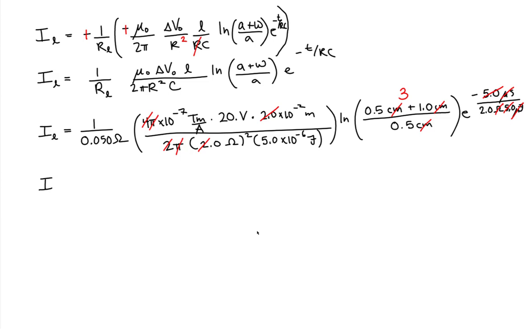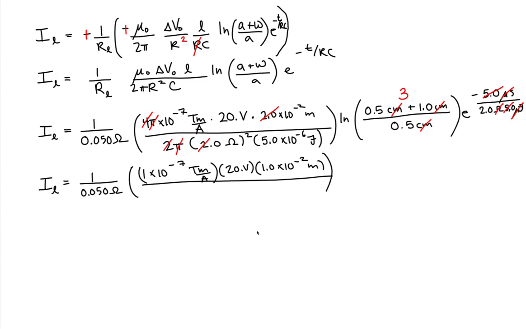So rewriting this, we have the induced current in the loop is equal to 1 over 0.050 ohms times 1 times 10 to the minus 7 Tesla meters per amp times 20 volts times 1.0 times 10 to the minus 2 meters over 1 square ohm times 5.0 times 10 to the minus 6 farads.